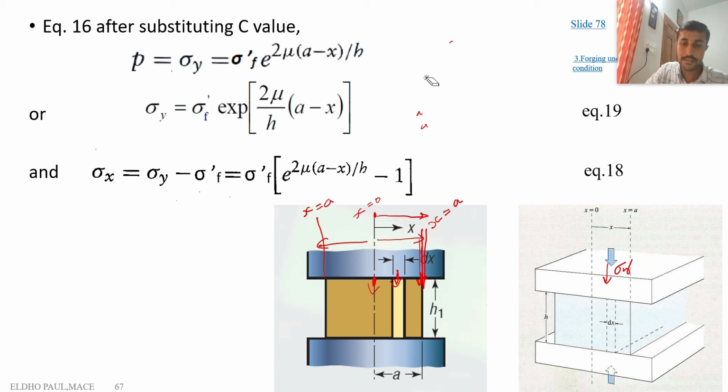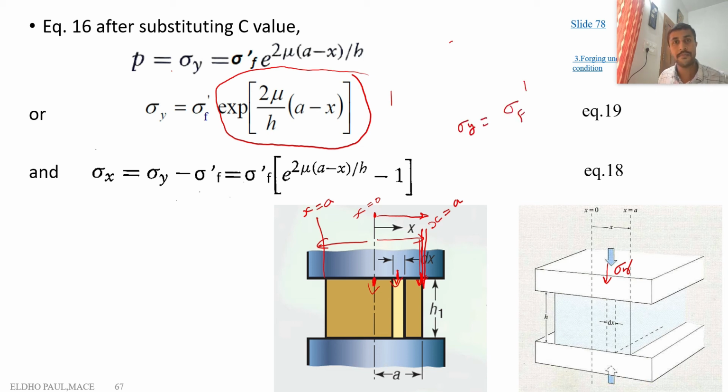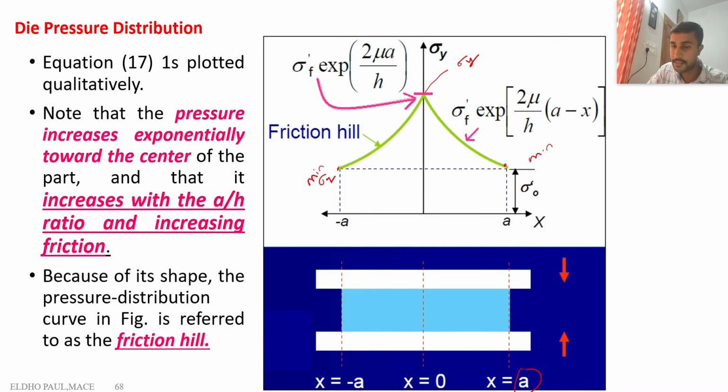It is 1. So when x equals a, this term is equal to 1. That means sigma y equals sigma f dash. So in this area and this area where x equals a, sigma y equals sigma f dash. That is actually shown here.